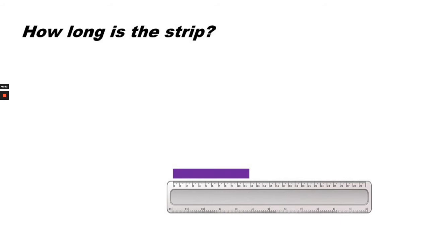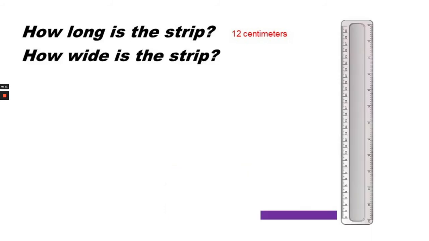Look at the ruler. How long is the purple strip? In this case, it's 12 centimeters long because we're looking at the centimeter side of the ruler. How wide is the purple strip?